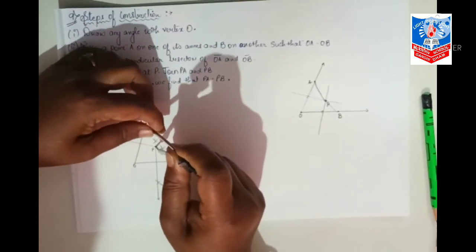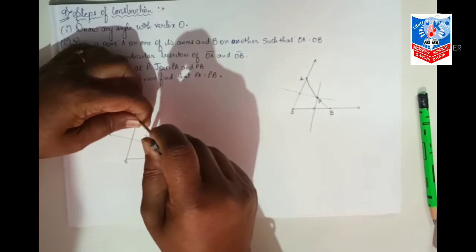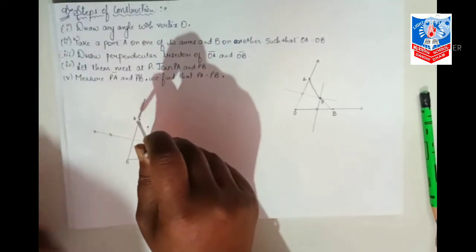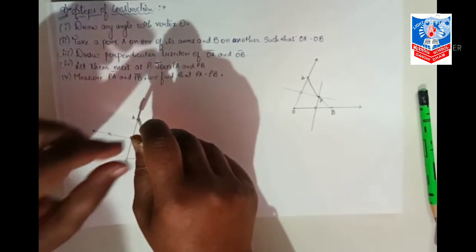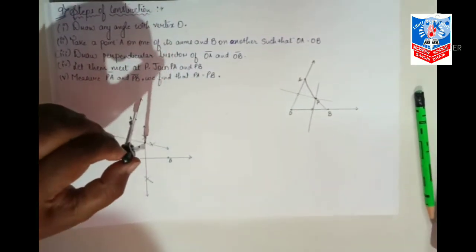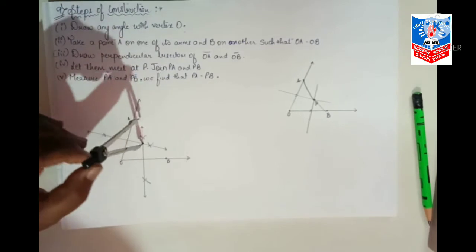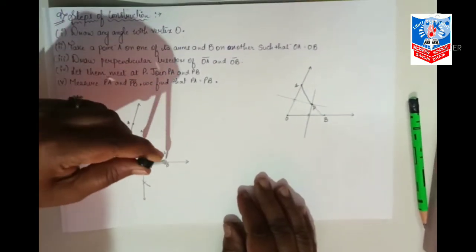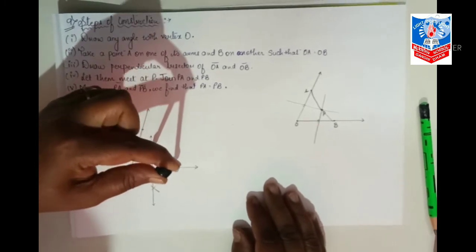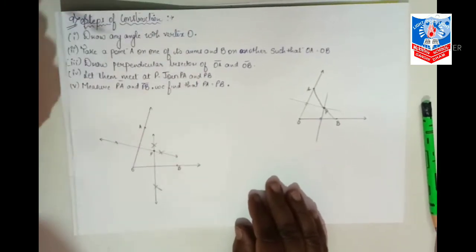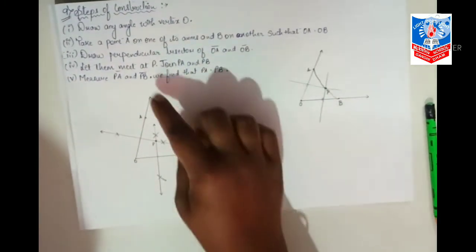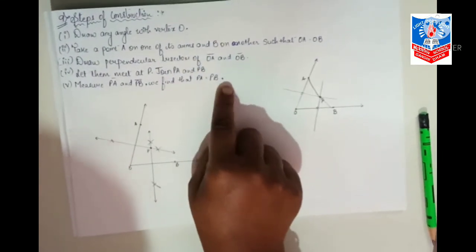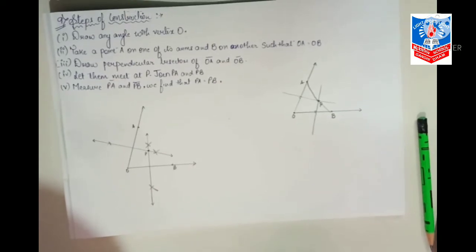PA is equal to, now see, PA. See here. Now check. PA is equal to PB. So we can see that PA is equal to PB. Understood?